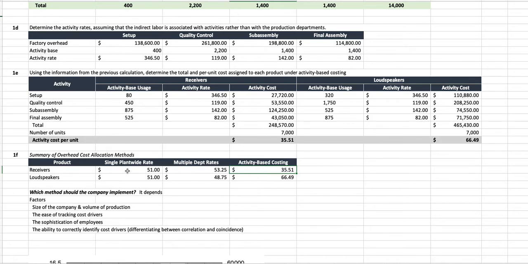If we were using multiple department rates, a management accountant may recommend that we discontinue receivers. That would obviously be a poor choice because once we use a more refined costing system, we realize that receivers really aren't incurring a lot of overhead costs.